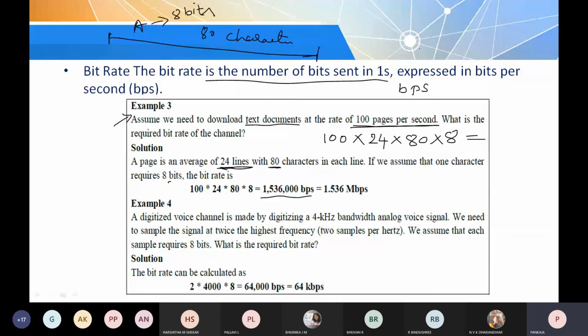Whatever the transmission media I told you about between the two nodes, whatever it is, at the physical layer, I mean the physical transmission media, that should be the channel. It should have this capacity of bit rate at which it can send.